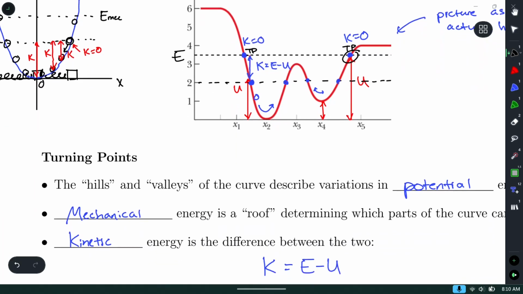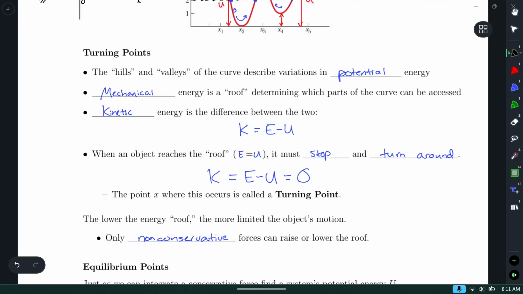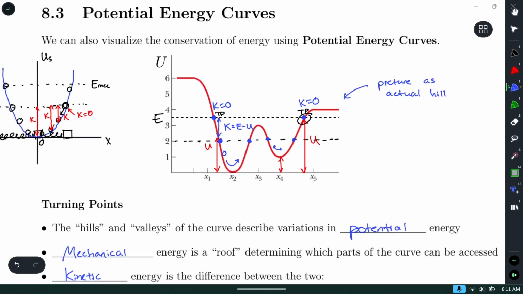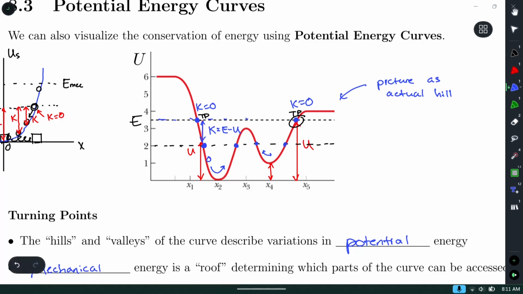All right, so the only thing I can do in order to raise that roof, in order to lift the boulder up higher than this level that I've set, is have an additional input of energy to the system, or remove energy from the system. And that's why I say only non-conservative forces can do that. Friction would tend to lower this.